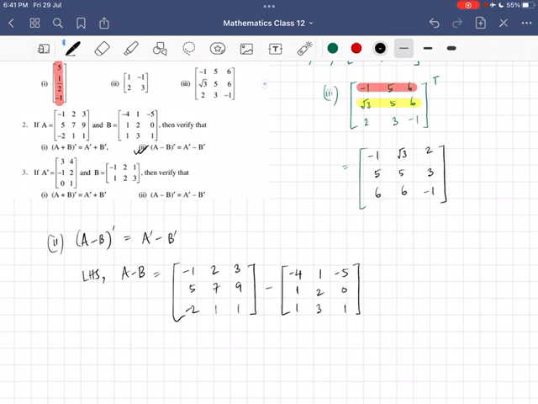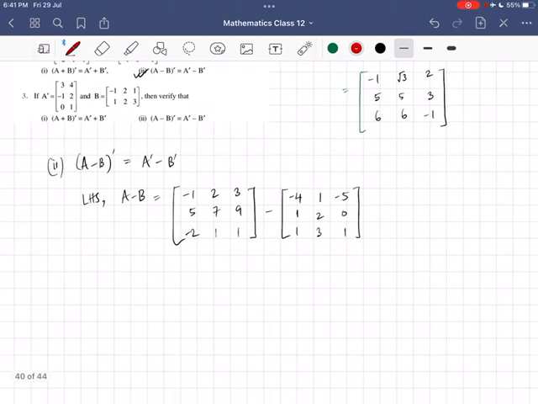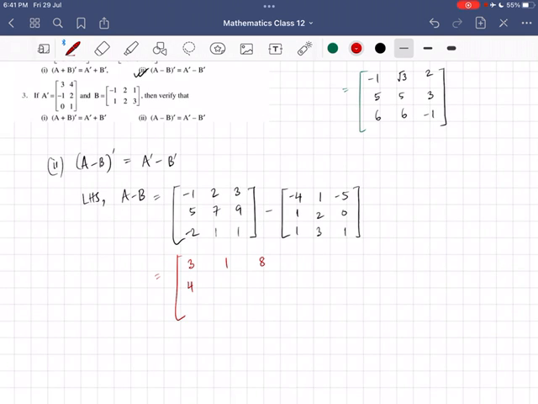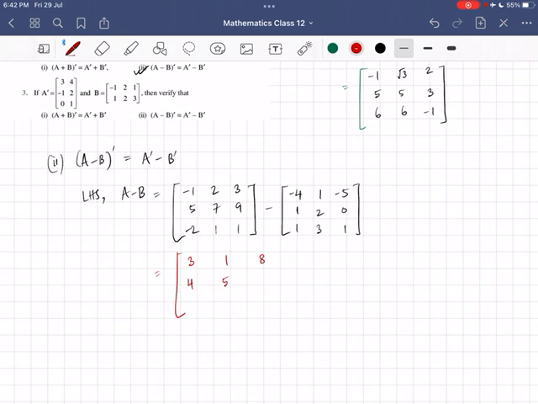If I do the subtraction, minus 1 minus of minus 4 becomes plus 4, so minus 1 plus 4 is 3. 2 minus 1 is 1. 3 minus of minus 5 is 3 plus 5, that is 8. 5 minus 1 is 4. 7 minus 2 is 5. 9 minus 0 is 9. Minus 2 minus 1 is minus 3. 1 minus 3 is minus 2. 1 minus 1 is 0. So this is how we get A minus B.